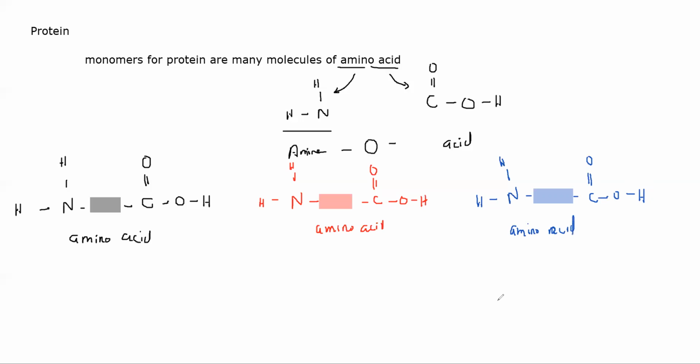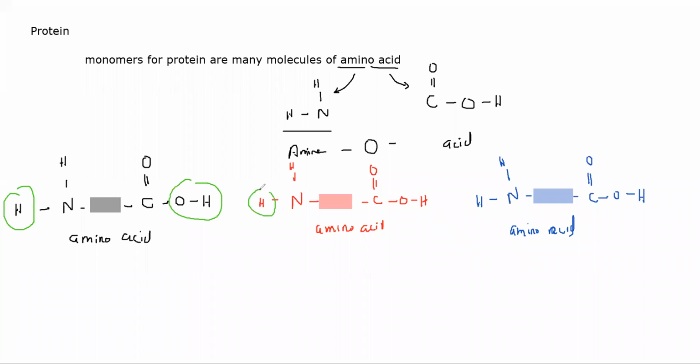Now, how is a polymer formed? To form a condensation polymer, a water molecule must be released, and there are many repetitions. I just draw only 3 of them. So what happens? Amine will lose its hydrogen and the carboxylic acid will lose its OH.